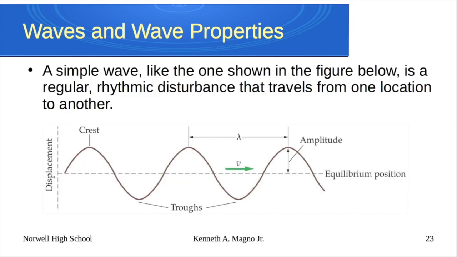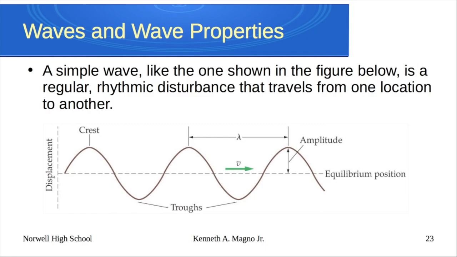So the parts of our wave, again, are simple. We have crests and troughs. The velocity of the wave will be v, and we have an amplitude of the wave, which we've talked about already. And then there's the concept called the wavelength. The wavelength is generally measured from crest to crest or trough to trough. Or it could be the length of one full waveform, which would be one crest, one trough, where I could cut and paste it and just keep repeating it.